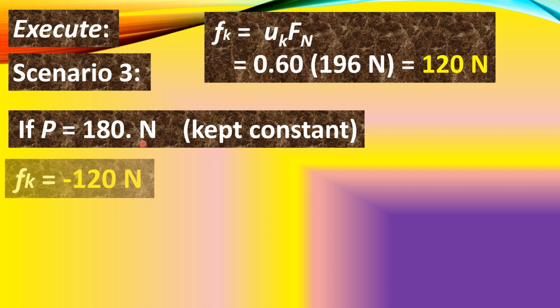With an applied force capital P equal to 180 newtons, obviously you'll notice that there will be a difference in the two opposing forces, suggesting that there is a net force directed in the same direction as the applied force.